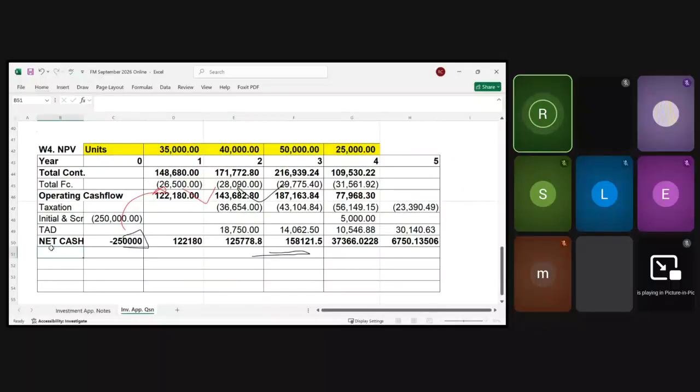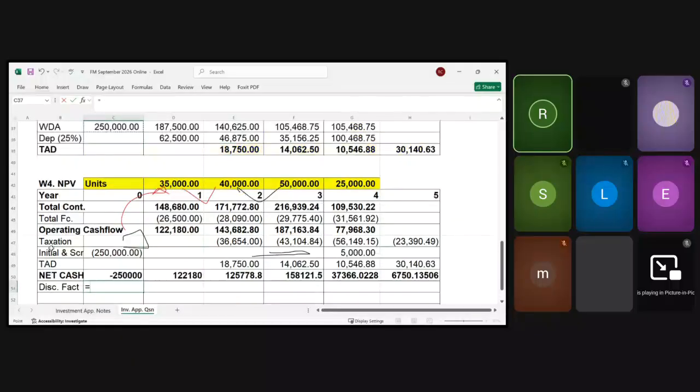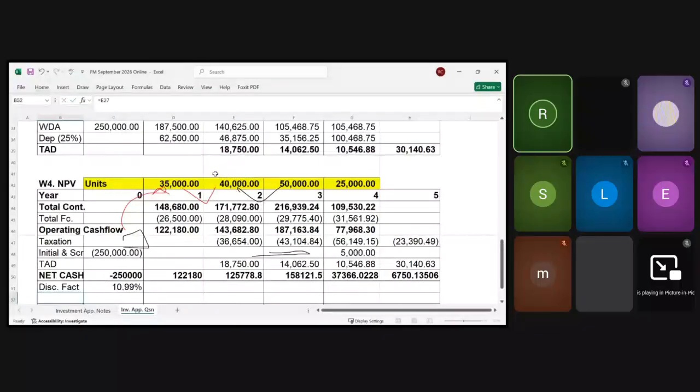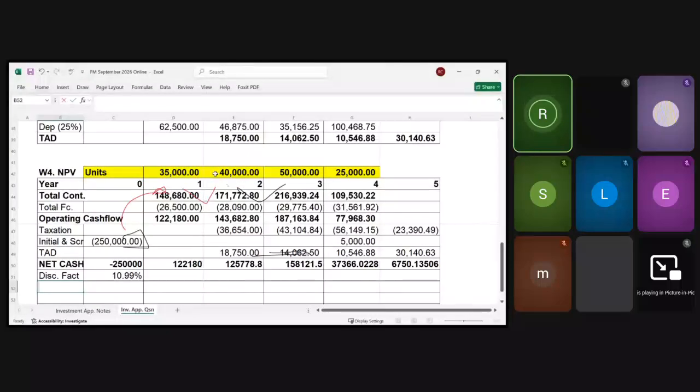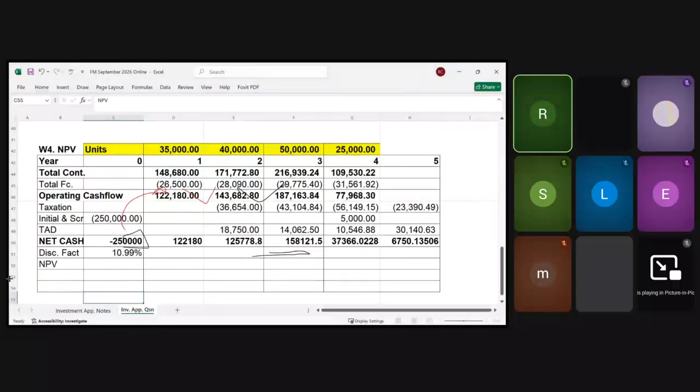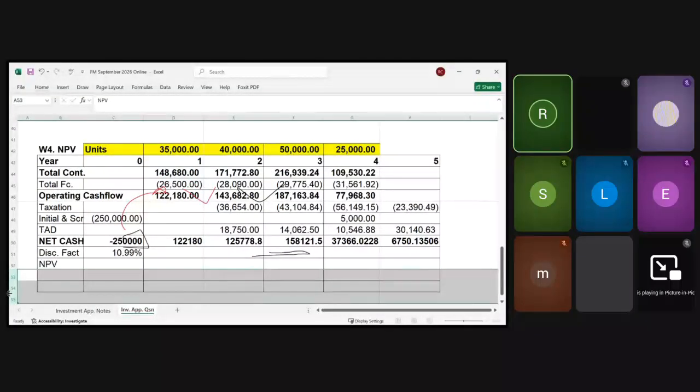And then I put my discount factor. I have calculated it, I'm going to just reference where 10.99% is. I put it there, and straight away I can calculate my NPV. I prefer this method, which is faster when it comes to NPV.